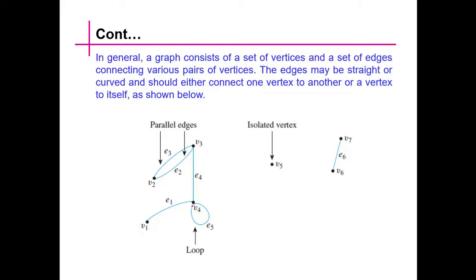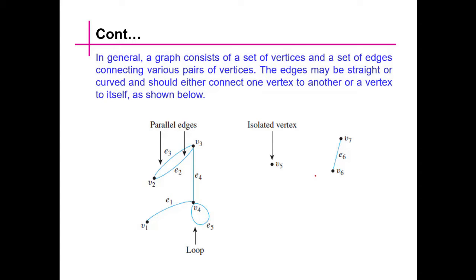And we can see here that V4 is related to itself, and so it's called a loop. And if we have a single vertex, we can say that this vertex is an isolated vertex. And here we can see that only 2 vertices are present and a single edge is present.